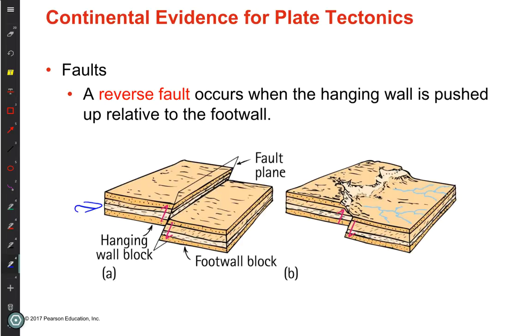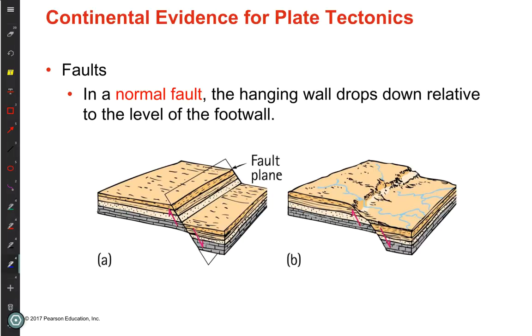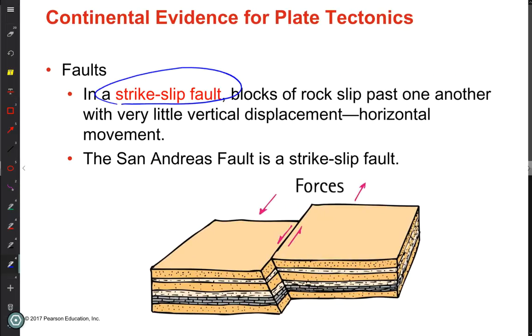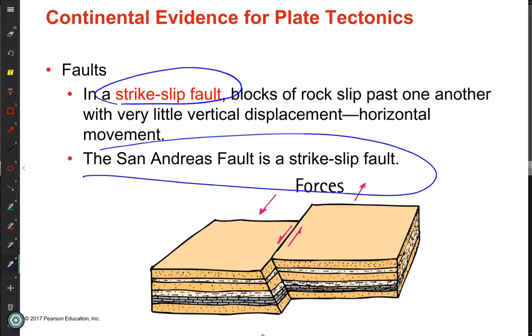The ground goes up on the top. Or you can have it go just the opposite. A normal fault where it just slid down. And then finally, the strike slip faults are where it's sliding side to side. And the San Andreas fault, the big one in California, is strike slip.